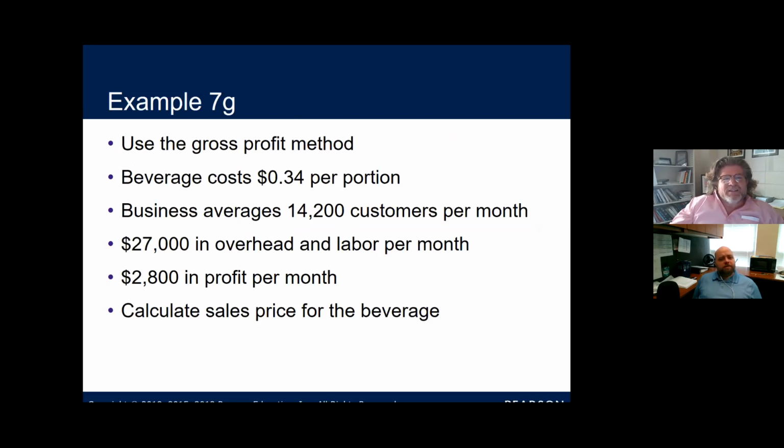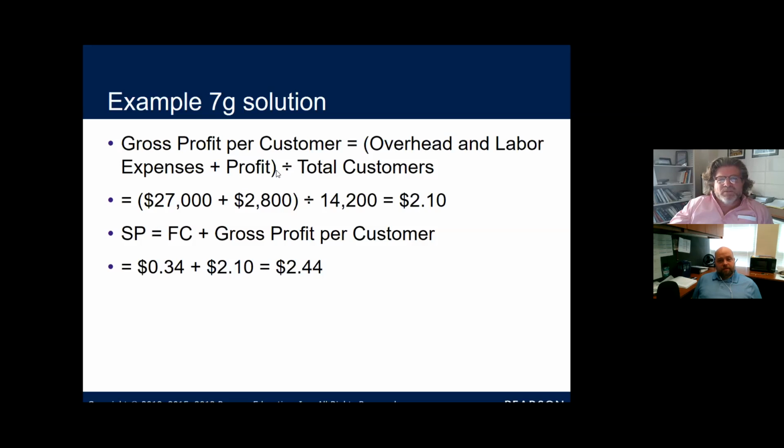So here we have the beverage cost is 34 cents. We have 14,200 customers a month. Our overhead is $27,000. We make $2,800 in a month. What should I charge? Well, 27,000 plus 2,800.